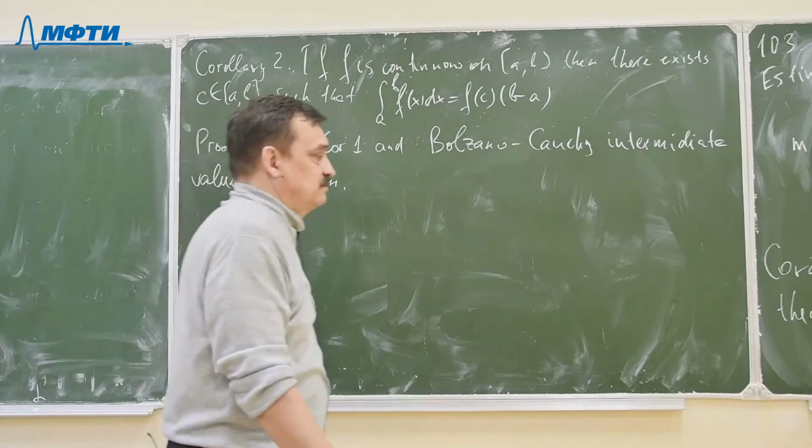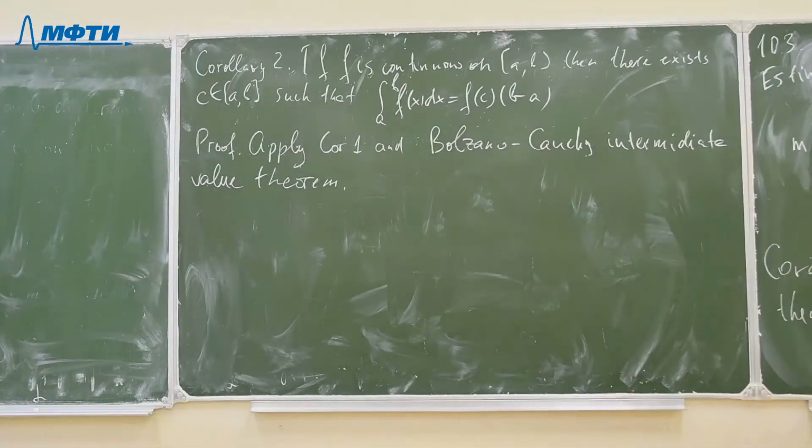So we know if the function f is continuous, then the infimum and supremum both are attained by the Weierstrass theorem.